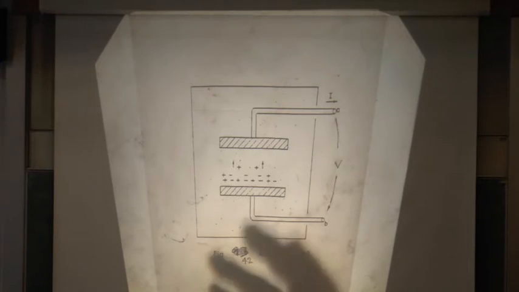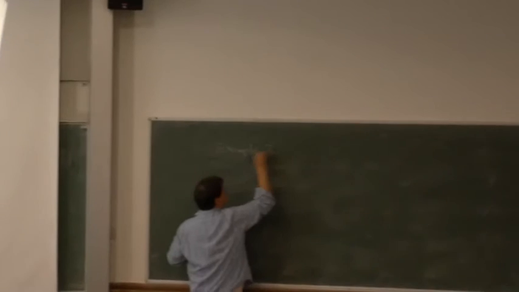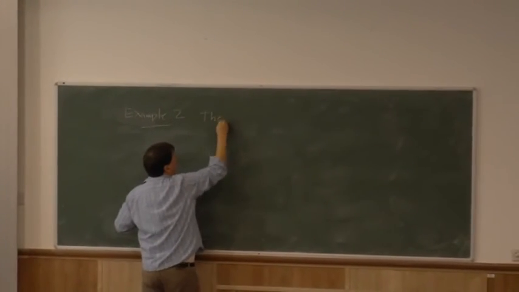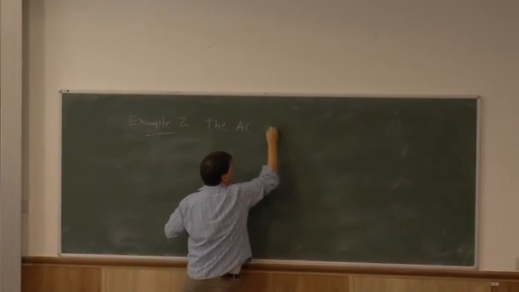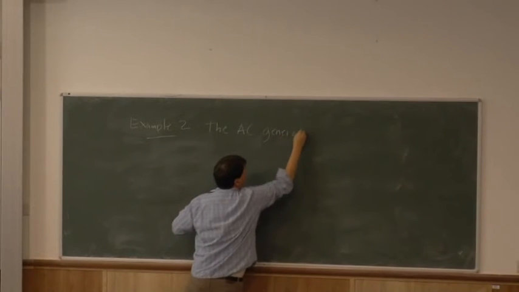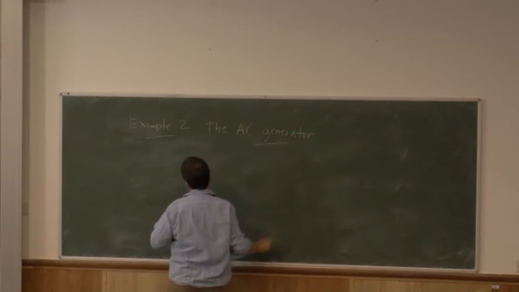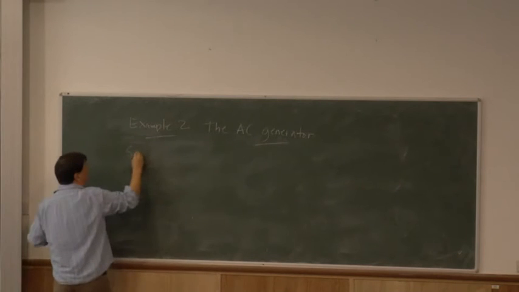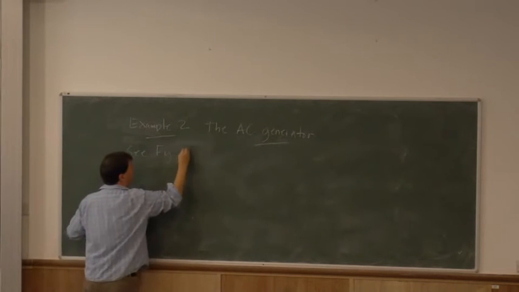So there's a lot of technology that we skip past. I'm now going to set you a paradox. Board notes, example 2. You might have taken notes as you went along, but if you've not done so, this is up on the VLE notes, the AC generator, see figure 38.